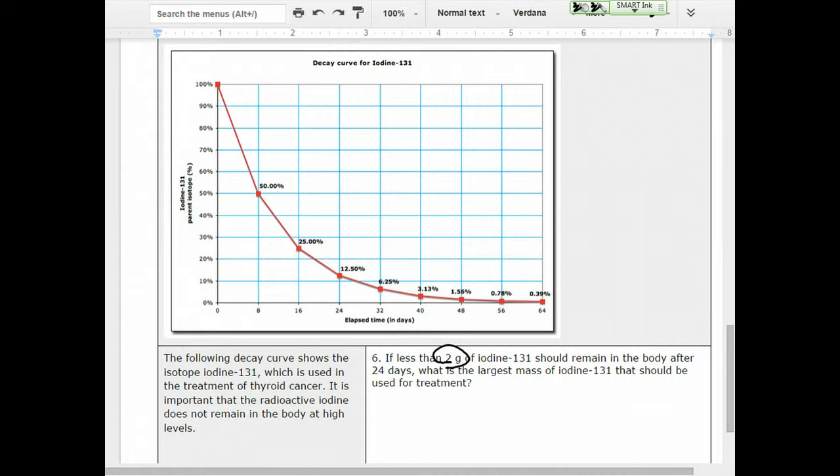So one way you could do this is you could say that, well, with 24 days, that's 12.5%, and 12.5% is 12.5 over 100, and we want the part that's left over to be the number 2. Therefore, we can solve this now and compare these again.